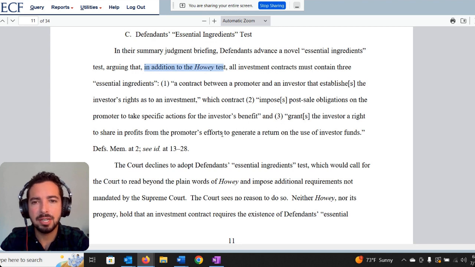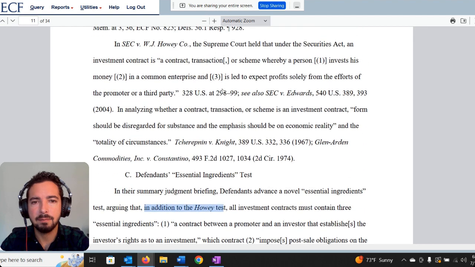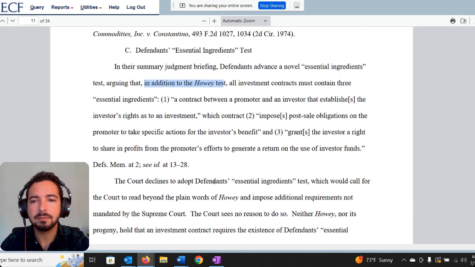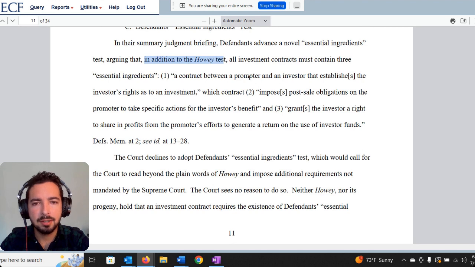So, in order to be a security, it has to meet all of the Howey test factors, which we haven't gone through yet, I think, but oh yeah, we did actually. It has to be these 3 things here, plus a contract, so like some formal obligations between the parties that meets the definition of a contract, plus the contract has to create post-sale obligations on the promoter.